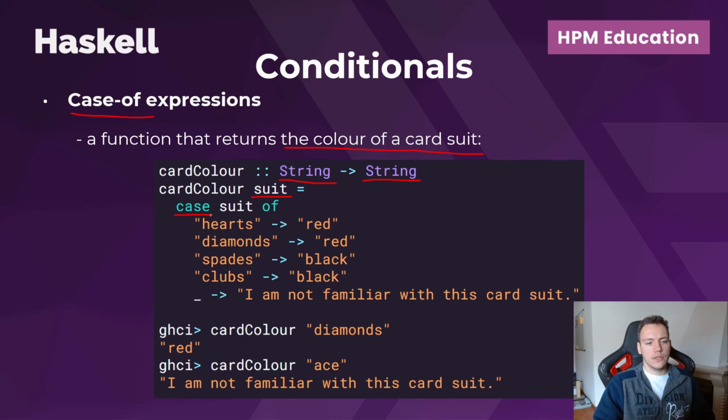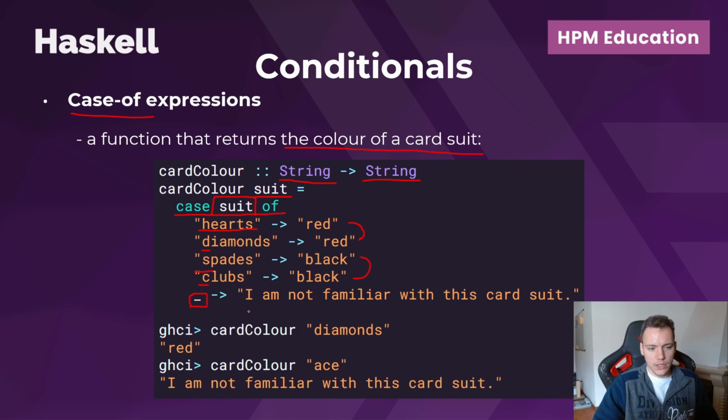So we write the case expression as case suit of. So this means that we're looking at the value of suit and looking for patterns to decide what to give back. We have hearts, diamonds, spades, and clubs as the 4 standard suits, and we assign the red color to hearts and diamonds and black to spades and clubs.